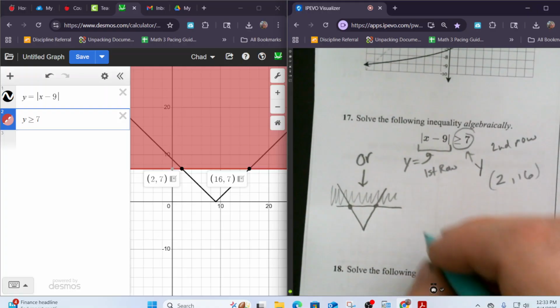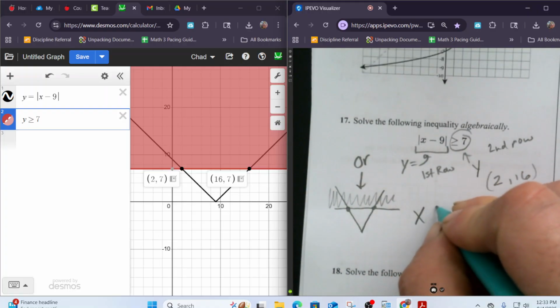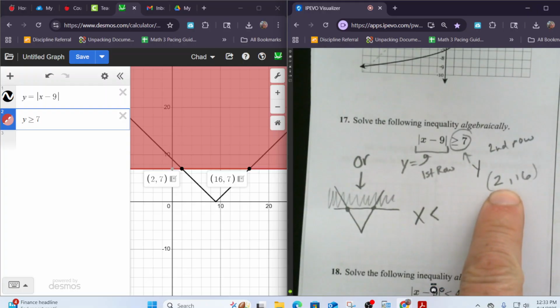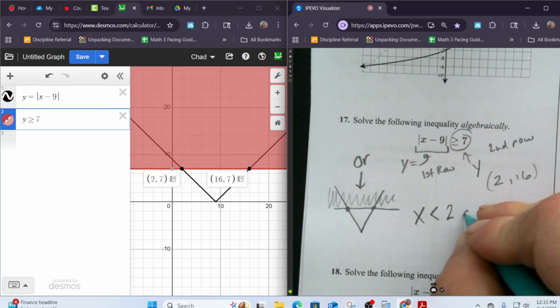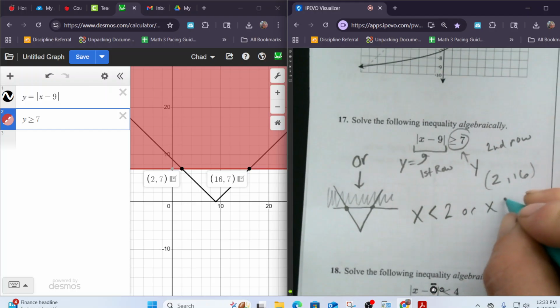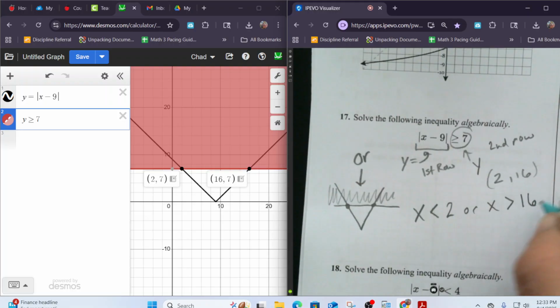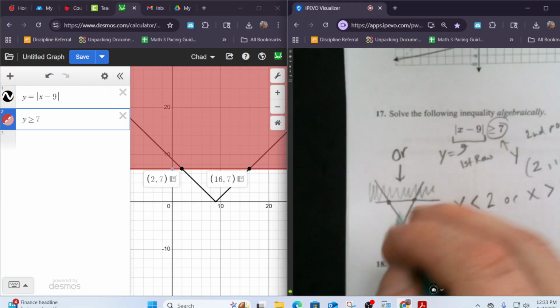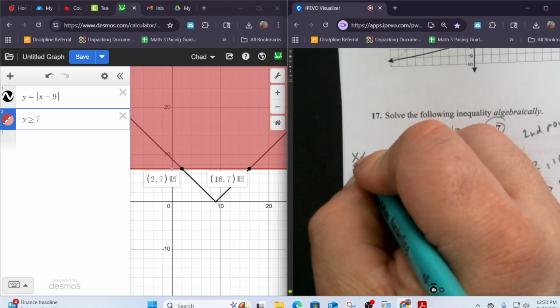So what that's going to be is x less than the small number. So guys, if it's like this, it's going to be x less than small.